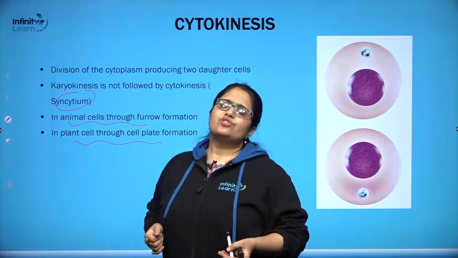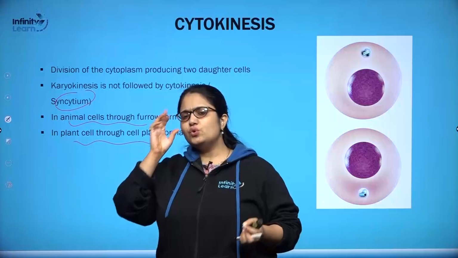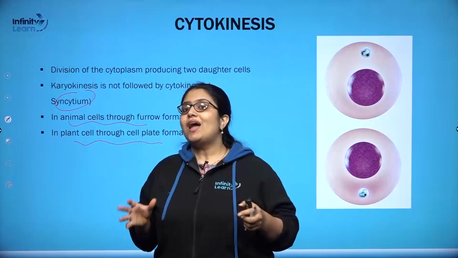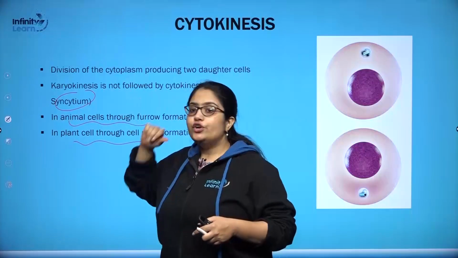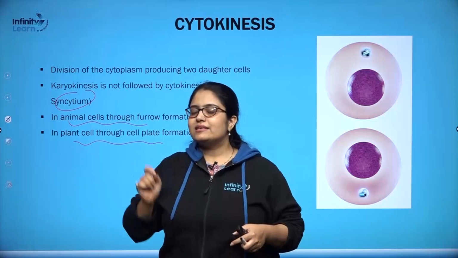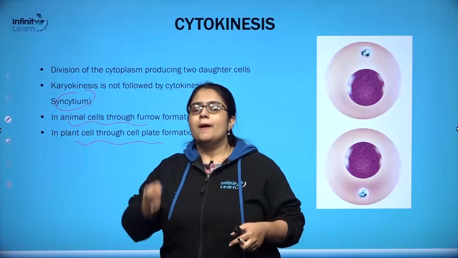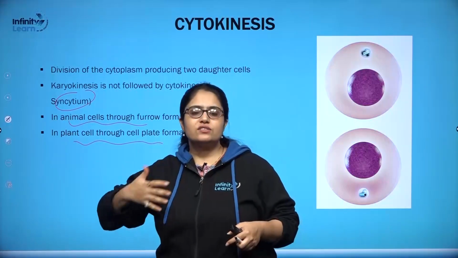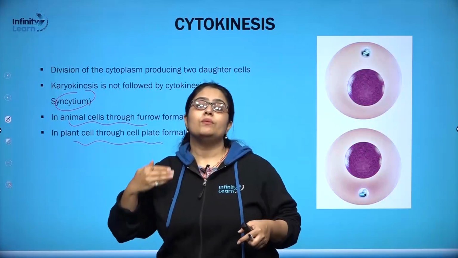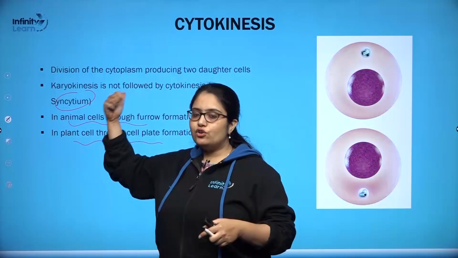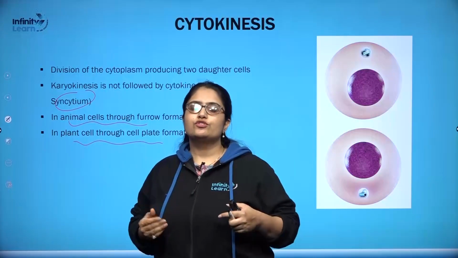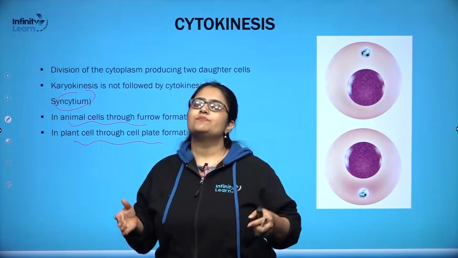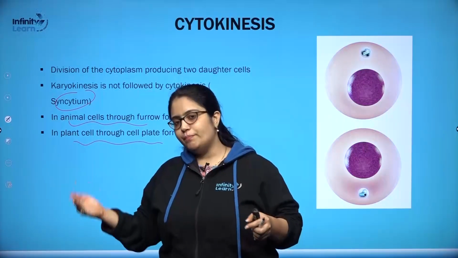One more thing that you need to remember, my dear students, is what will happen during cytokinesis inside a plant cell. Middle lamella will be the first cell wall that will be laid. So at the time of cytokinesis in a plant cell, the first wall material deposited is the middle lamella, and it is made up of calcium and magnesium pectate.